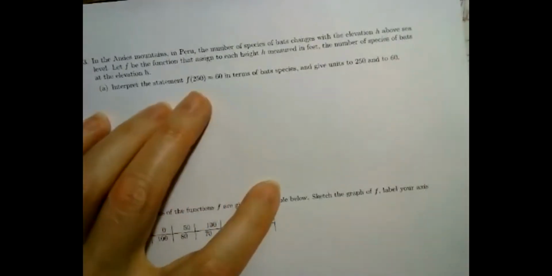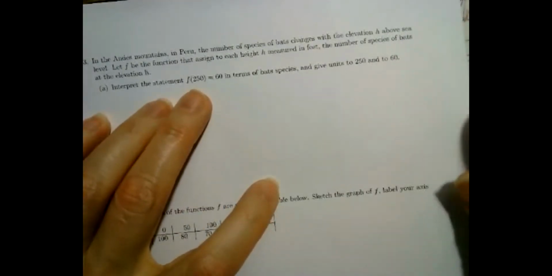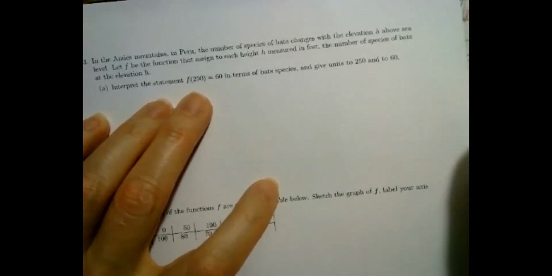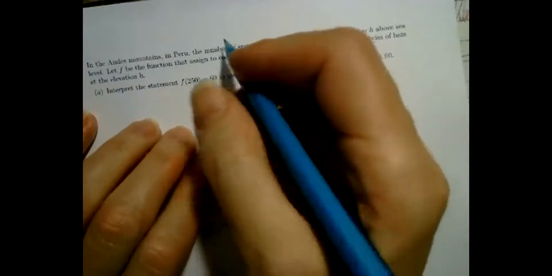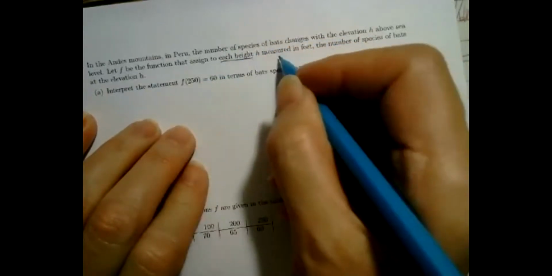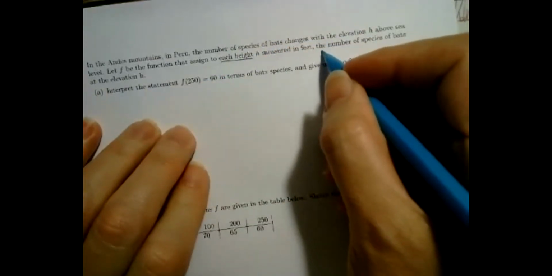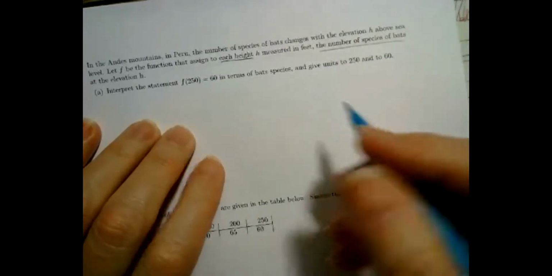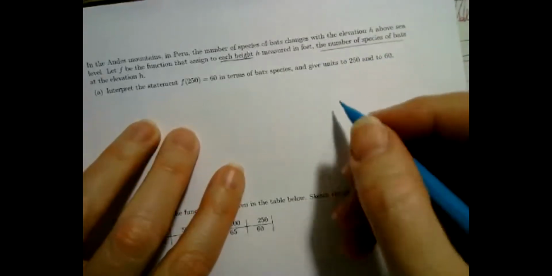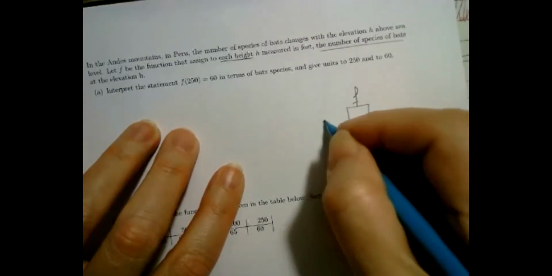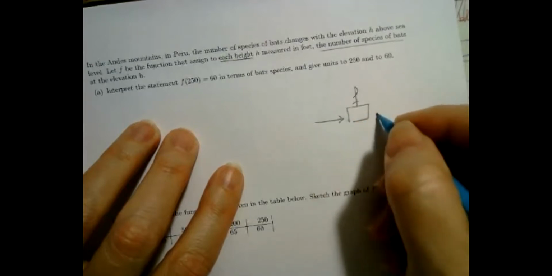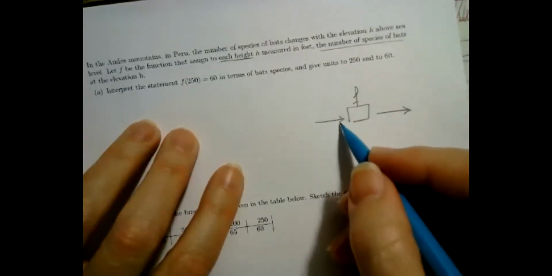250 equals the number of bat species, and 60 equals the height in feet. Let's read the problem again. What does f do? F is the function that assigns each height h, measured in feet, to the number of species of bats. Okay, so what is the input here? What does the f function do? F is the height. What do you give it? What does it spit back?